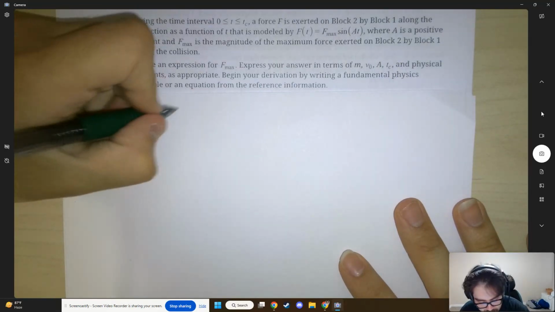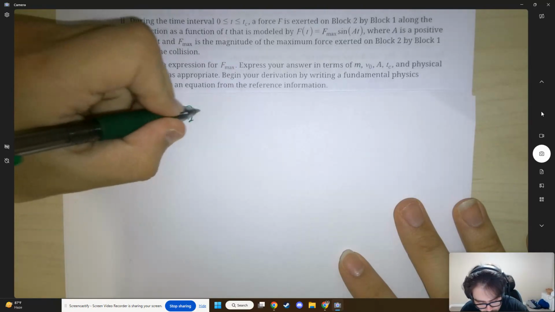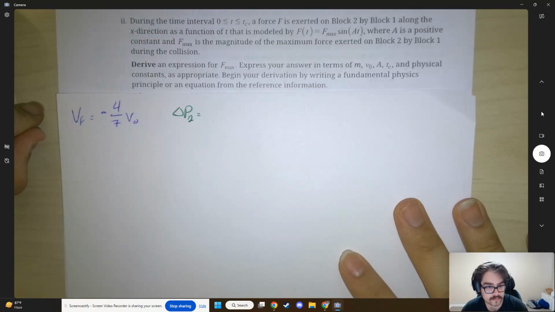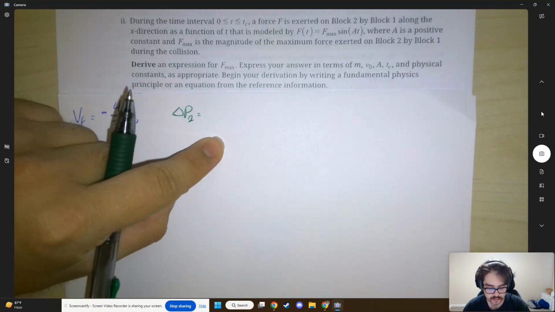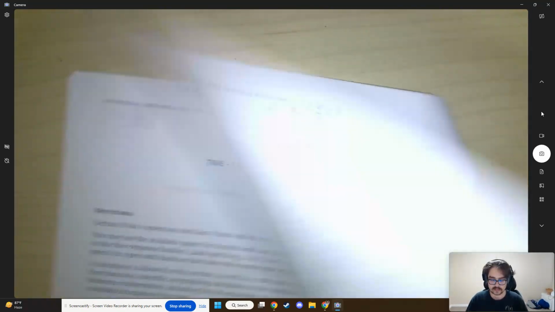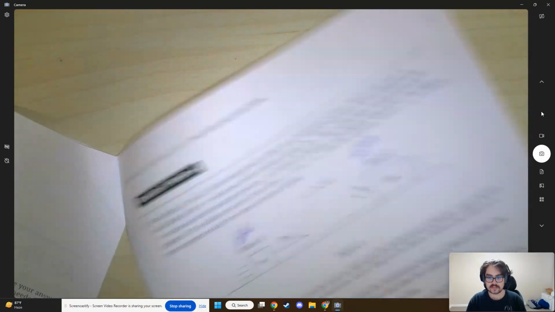So I can say that the change in momentum for block 2 is going to be equal to its final momentum minus its initial, right? Well, its mass doesn't change. Block 2, if I'm not mistaken, is the 6m block, right? Yeah, 6m.